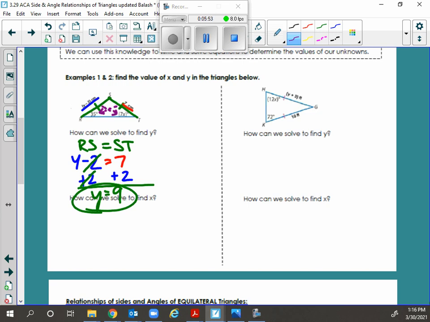But here's the thing. Side RS and side ST, we have highlighted green, they're the same. So what does that mean about angle R in the corner and angle T in this corner? It means that they're the same. Angle R is the same as angle T.